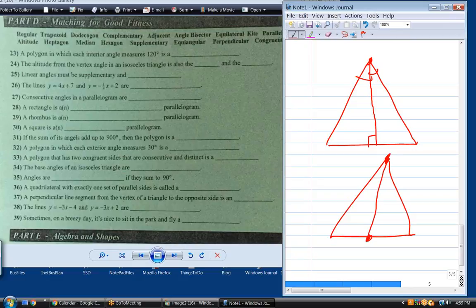If I take this triangle and I drop an altitude, I'm dropping it straight down to form a right angle. This is the altitude, this is the median, and they're not the same. But in our isosceles triangle, they are one and the same. The altitude is the same as the median, and it's the same as the angle bisector.